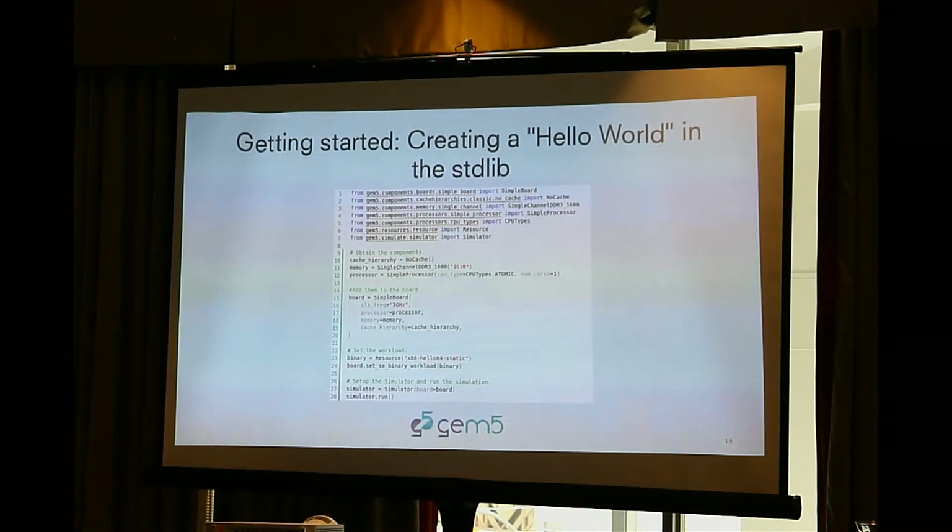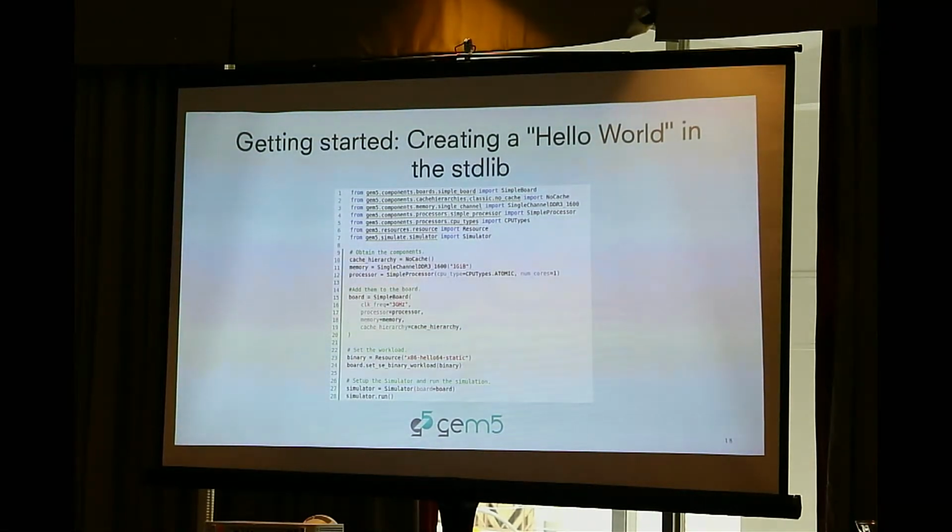This is the entirety of what should roughly be in front of you, roughly 25 lines of Python. I would consider this very close to the most basic thing you can simulate inside gem5 with the standard library.